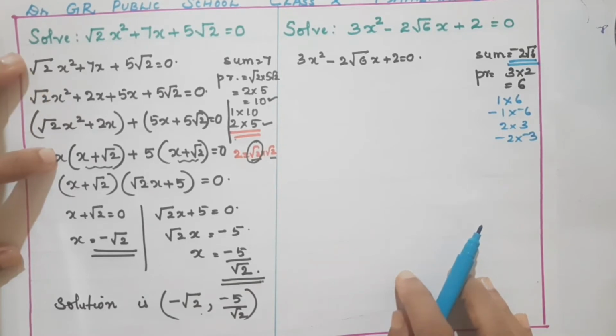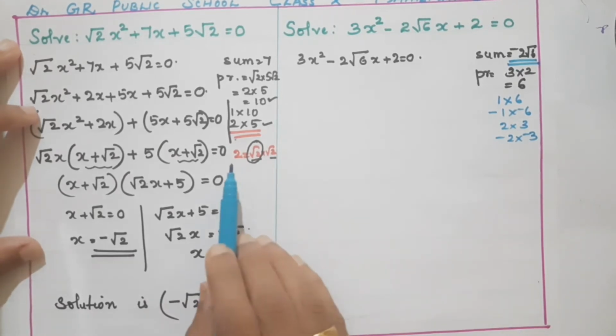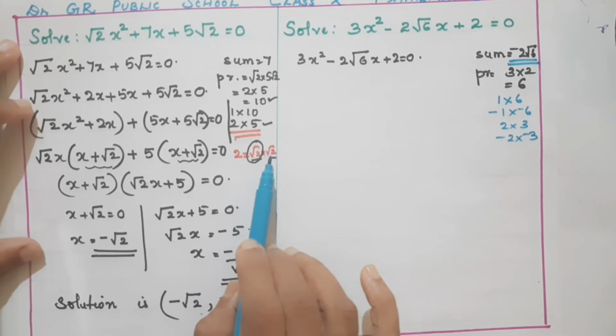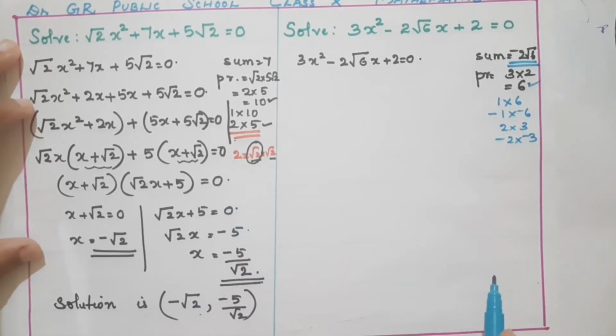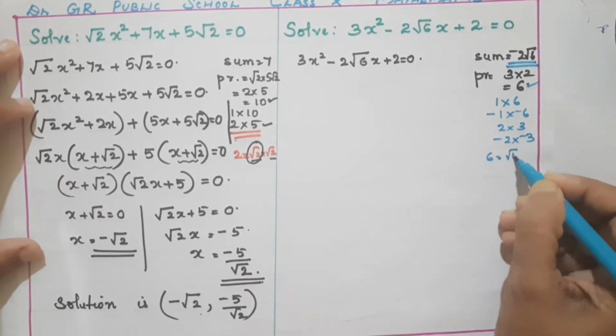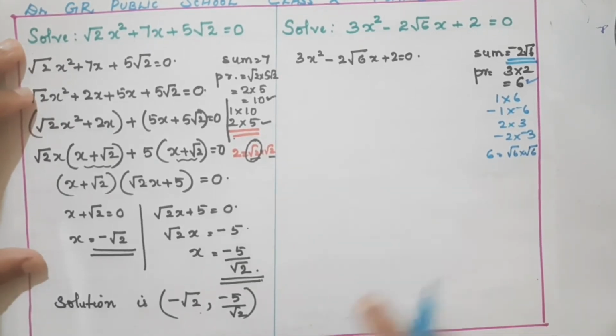Now is there any possibility to get the product as 6? See, here we splitted 2 as root 2 into root 2. Same way 6 also can be splitted as, yes, root 6 into root 6. Isn't it?